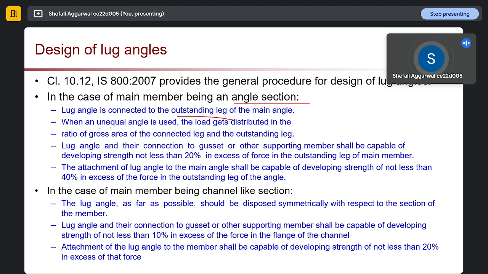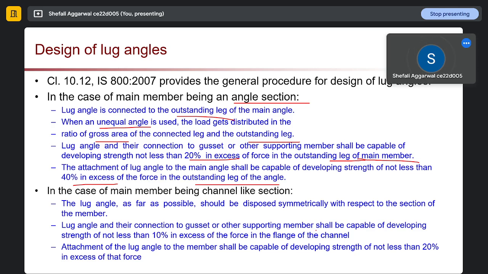And in case of unequal angle, our load is distributed in the ratio of gross area to the outstanding leg. And third is how much strength should be there, and strength should not be less than 20% in excess of force in outstanding leg and not less than 40% in case of force of outstanding leg of angle section. This is the outstanding leg of main member.